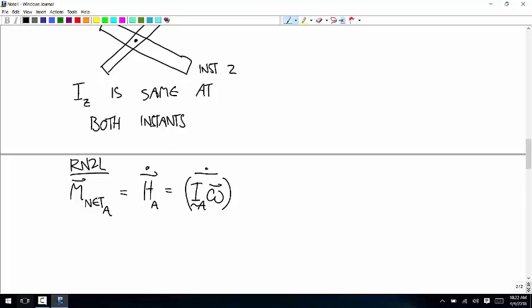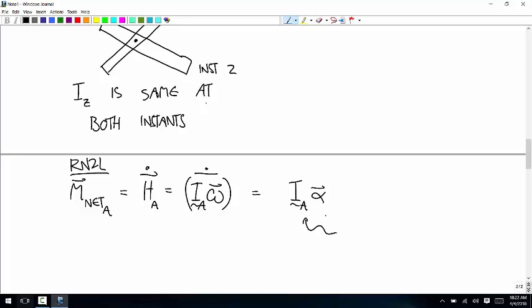And if you take the time derivative of that, if the mass moment of inertia stays the same, you get this times the time derivative of the angular velocity, which is the angular acceleration, and that's the way we do it.